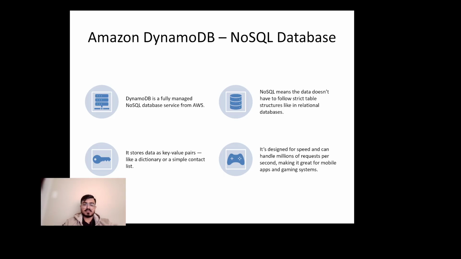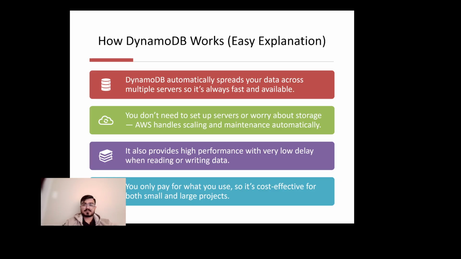This gives it more flexibility because not all data has to look the same. It's also super fast and can handle millions of users at once, which makes it great for mobile apps, gaming, and e-commerce systems.